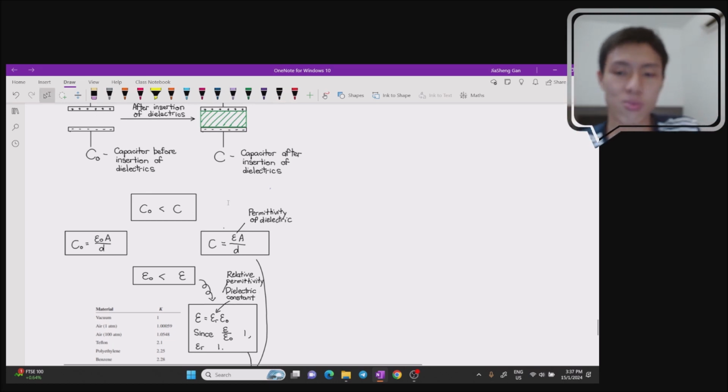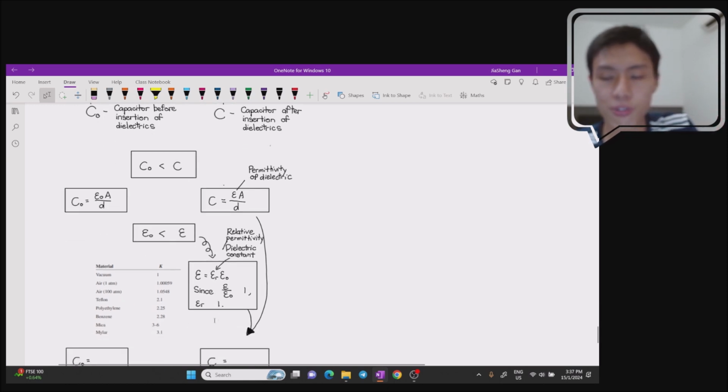In that case, we take the permittivity of free space and multiply by 2, because it improved by twice the amount. Then you get the dielectric permittivity, which is twice the permittivity of free space. So that twice represents a multiplier, or how much the permittivity improved by. So this epsilon r represents by how many times the permittivity improves.